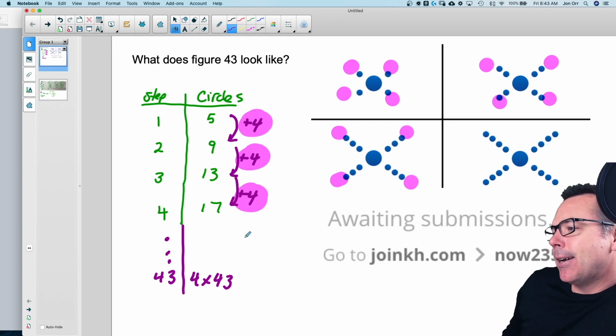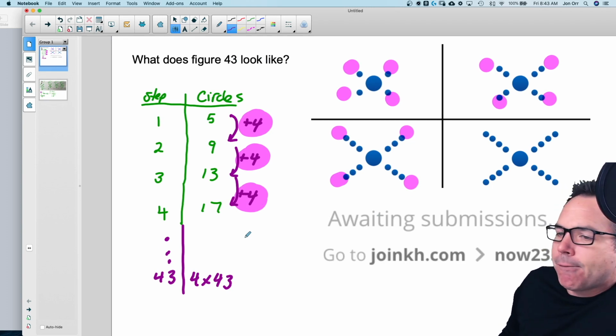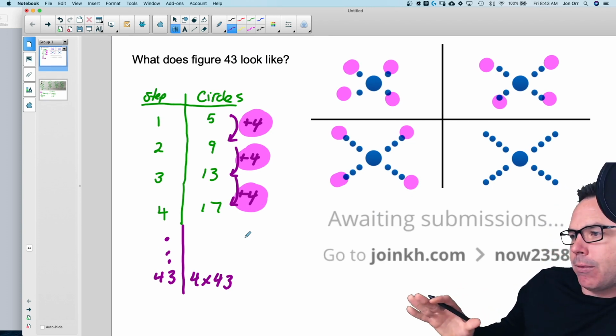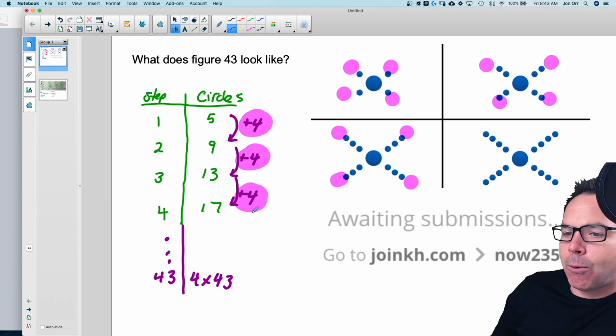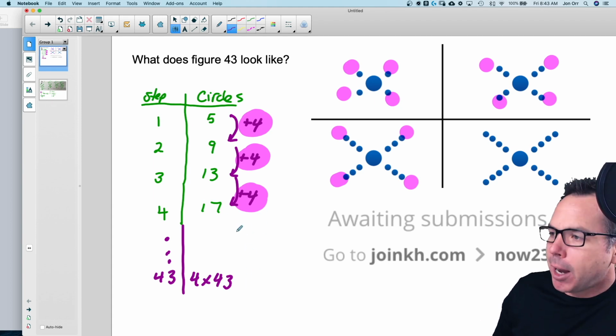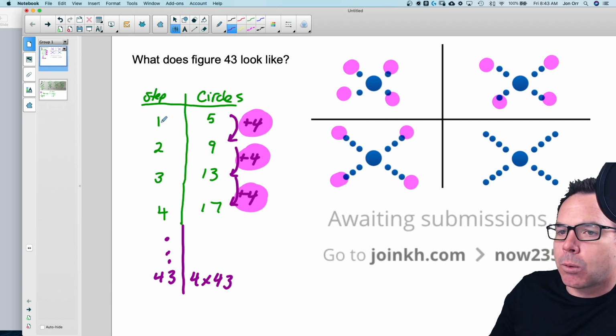Now, here's the thing. If multiplying by 4 is the rule, and we know it's not because we've already talked about the formula and the rule, then this should work out every step. Like 4 times 43 we said was 172, but if all you had to do was multiply by 4, it should work on this step. Look at this. Take step 1. What's 1 times 4?